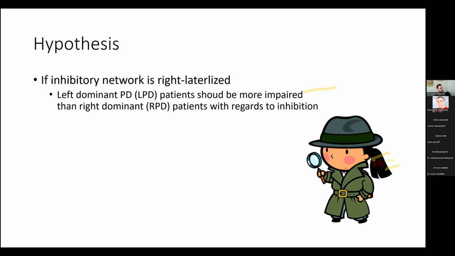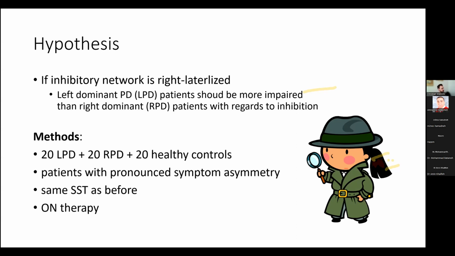And as you can remember, the right side should be the part of the network that serves inhibitory control. Whereas the right dominant patients that start with symptoms on the right side, they should be better in inhibition if this theory of right lateralization is correct.